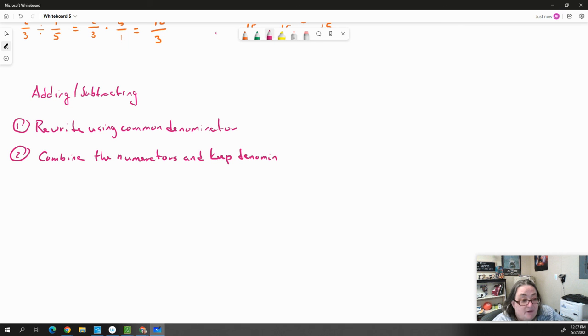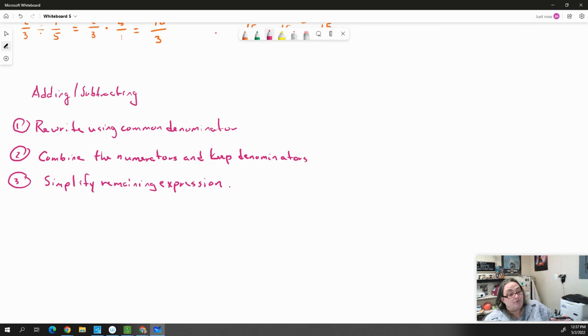And last, we would simplify whatever we have left, if necessary. Remaining expression, right? Because we want to write it in its simplest form.